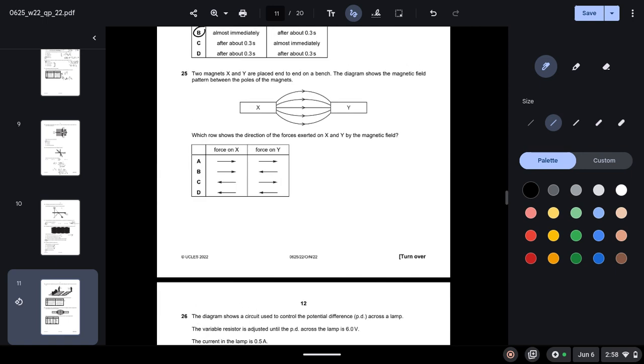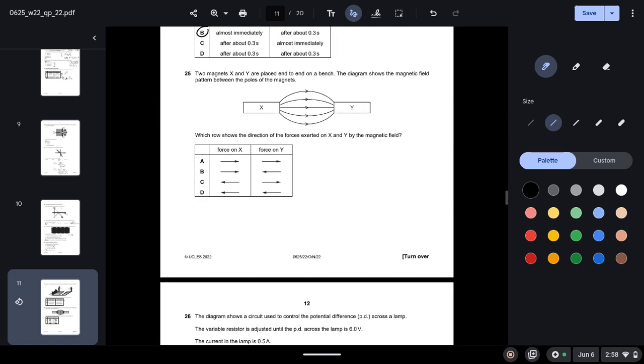So we know that the magnetic field lines travel from, let me just confirm it, yes, they travel from north to south.